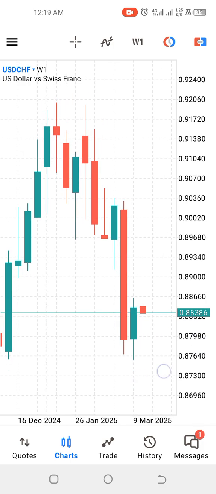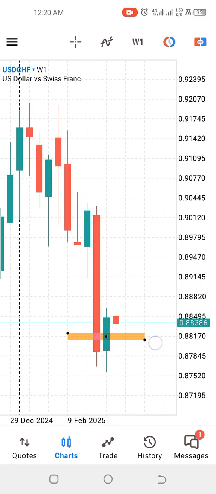So what I'm saying is this: the last weekly candle that closed, which is this bullish candle, took out liquidity below its previous weekly candle. What I mean by that is price took out liquidity and closed above.